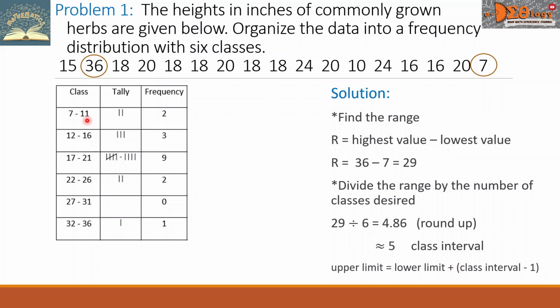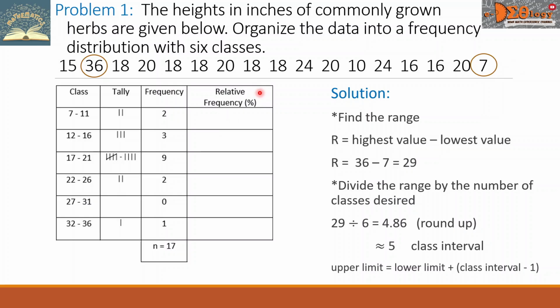From 7 to 11, frequency is 2. Here is 3. Next, 9. The next group is 2. Next class is 0. And the last class is 1. Note that the total, or n, equals 17. There are 17 items in our given data.